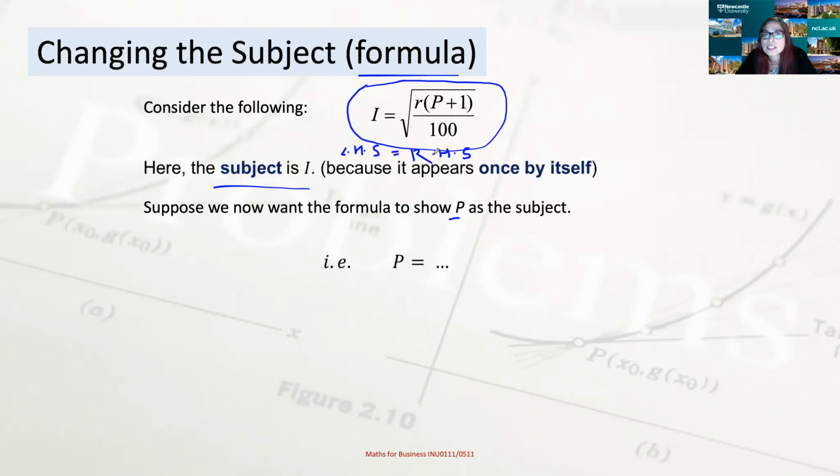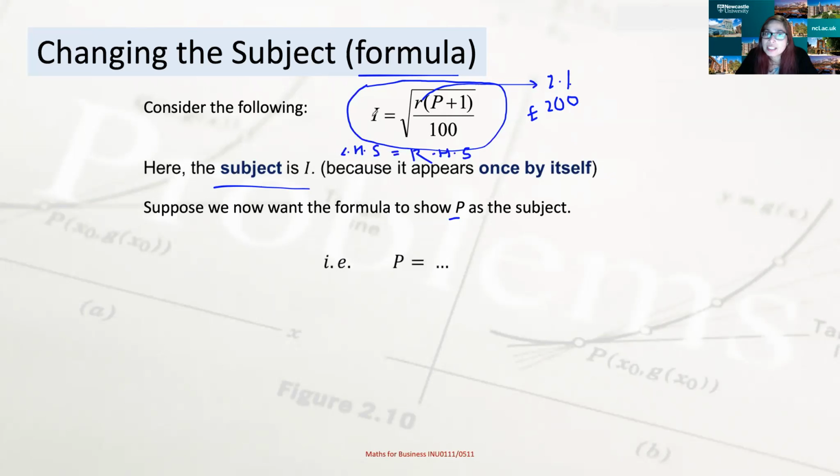When you have something like that, and you are given the values, for example R is equal to 2% and P is equal to 200 pounds, and you don't know I, then you can use this formula.